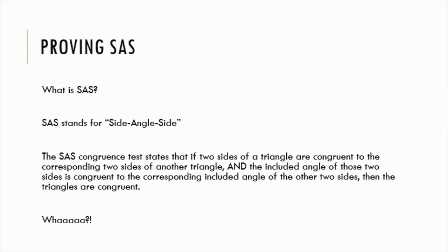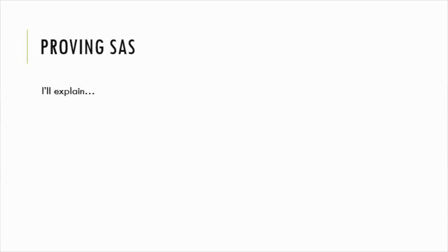Well, let me explain. So when it talks about two sides of a triangle, let's have a triangle here, any given triangle, and then let's put another triangle over here, any given triangle. Let's pretend that they're the same size and shape, just because my artistic skills aren't that good.